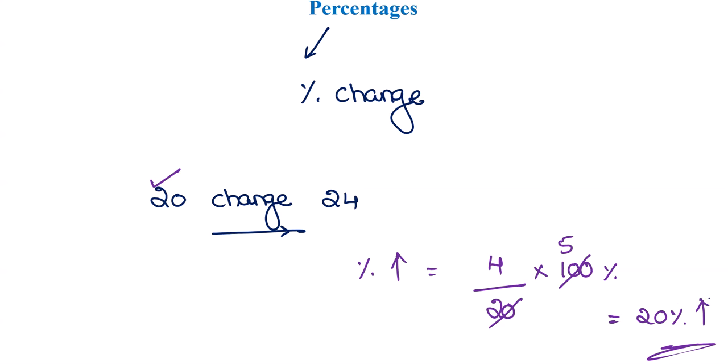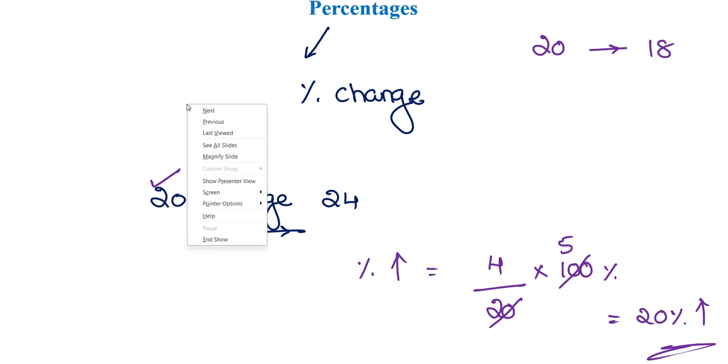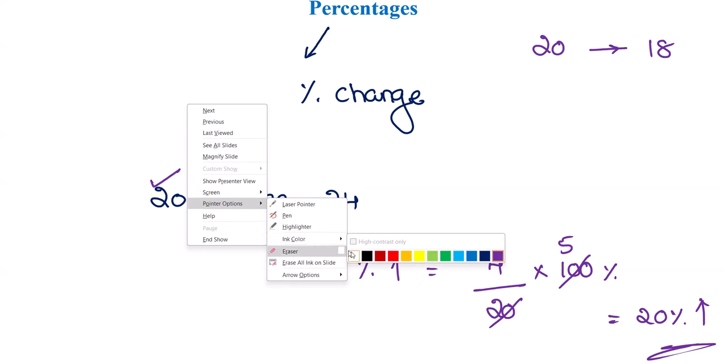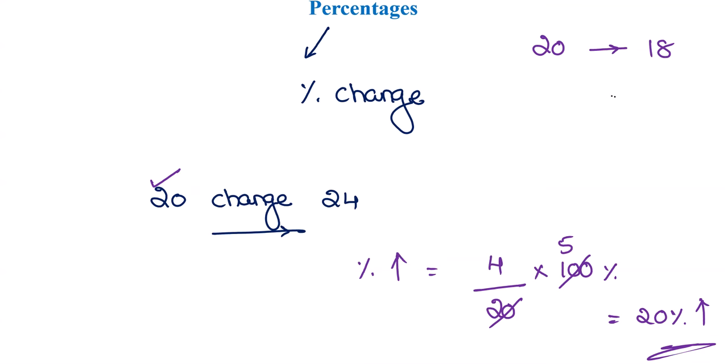Similarly for decrease, suppose 20 becomes 18. This is a decrease. What is the percentage decrease here? 20 becomes 18, the decrease is 2, from 20, so 2 divided by 20 into 100, which is nothing but a 10% decrease.